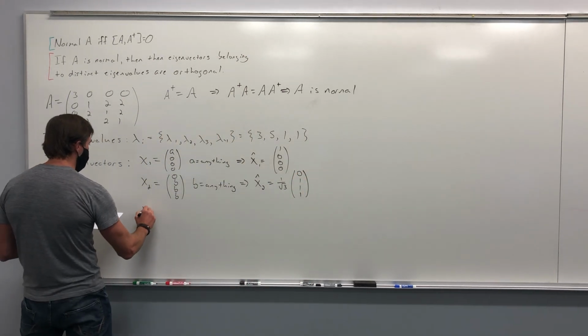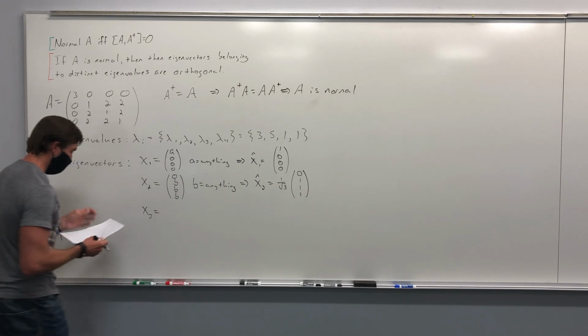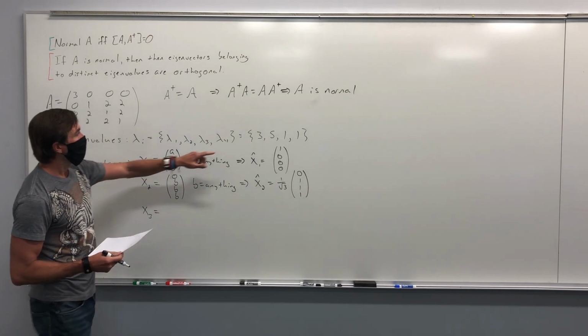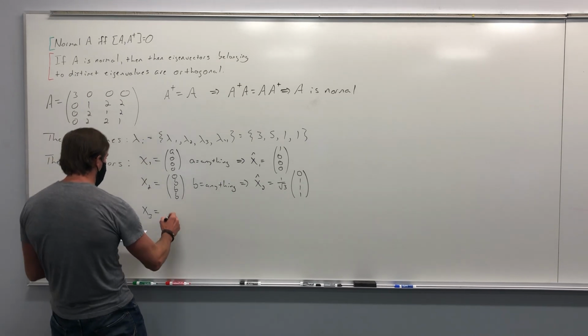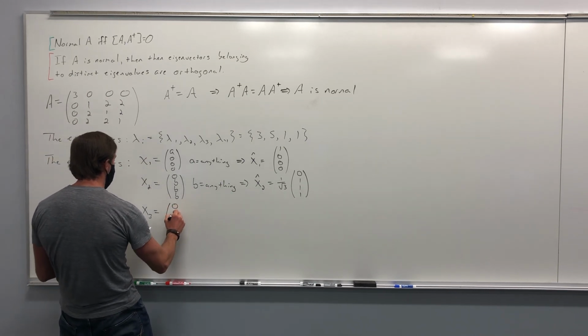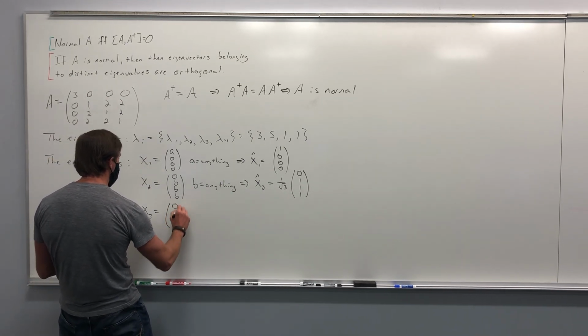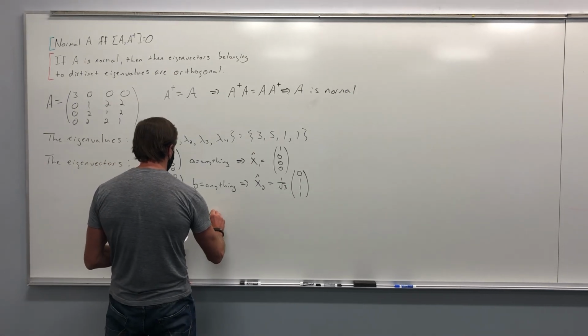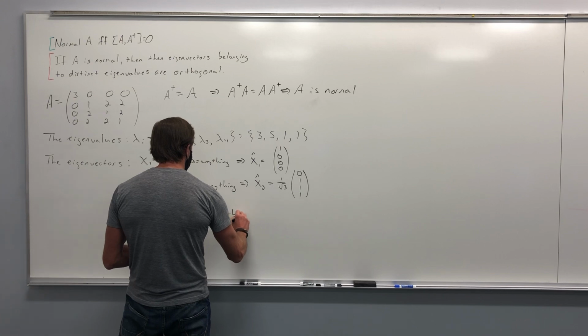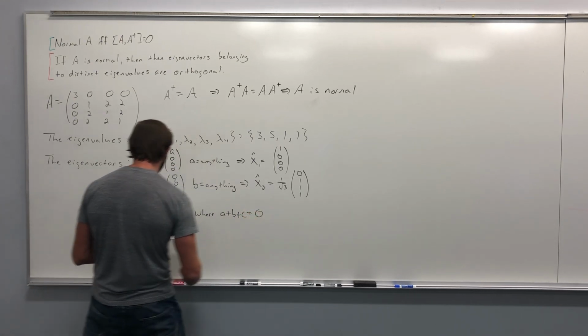And then x3, which is the eigenvector associated with the eigenvalue 1, is going to be 0, A, B, C, where A plus B plus C equals 0.